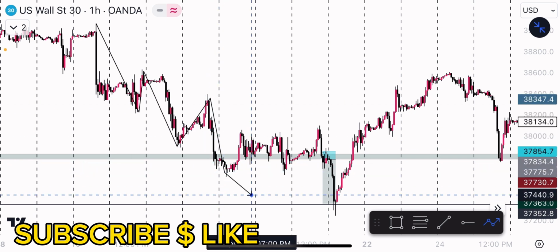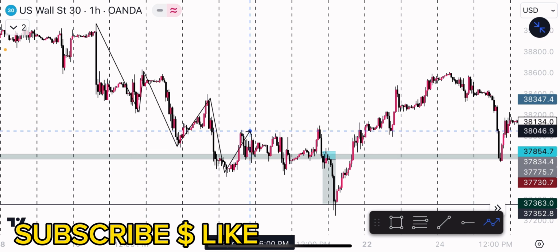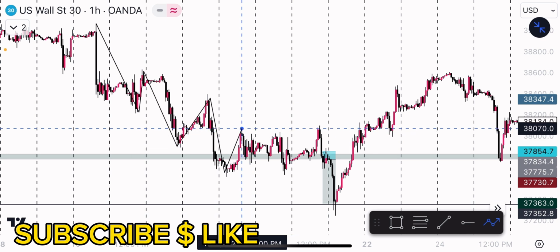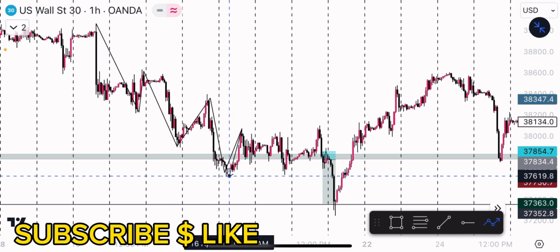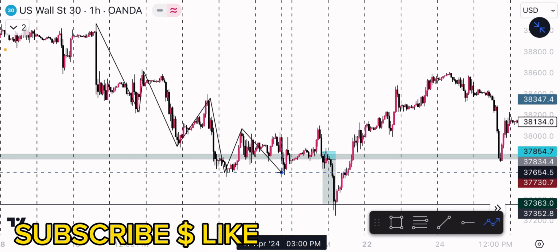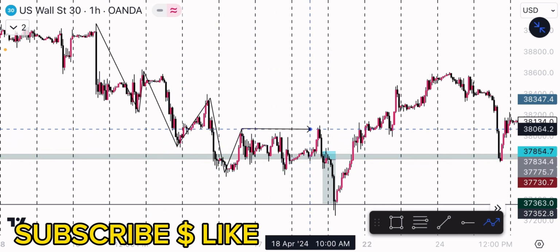Okay. So right here, you can see that the market created what? From this, watch, let me explain it. You see, lower high, lower low, lower high, lower low, lower high, lower low.